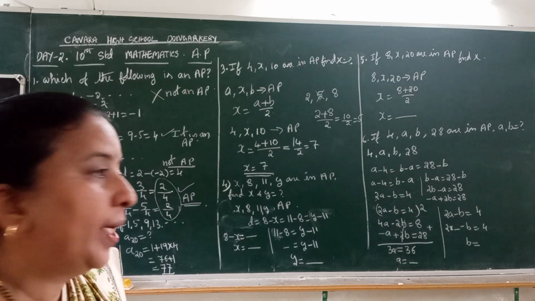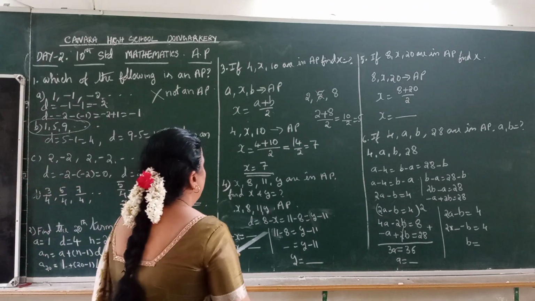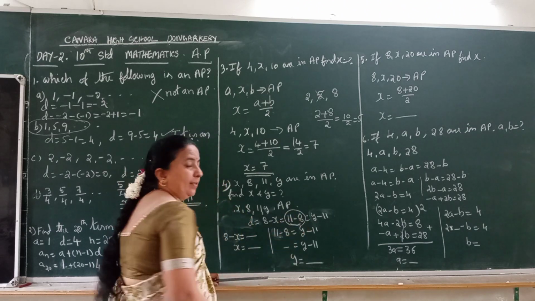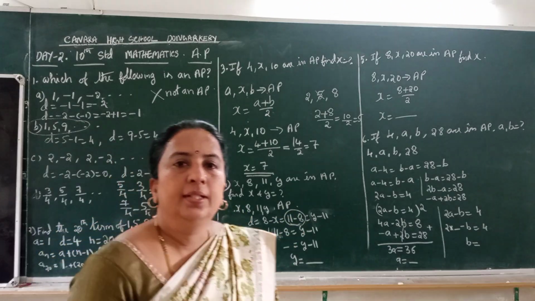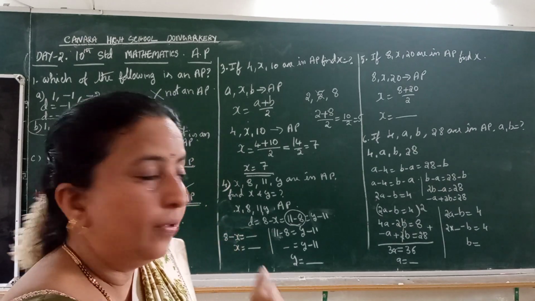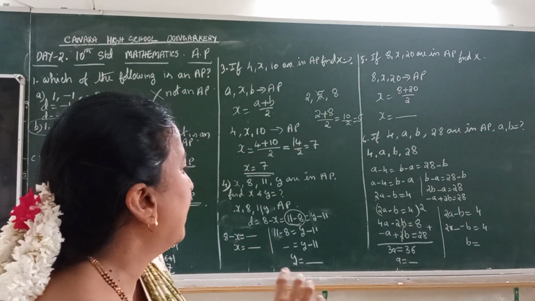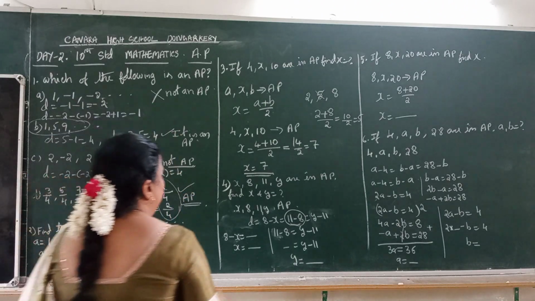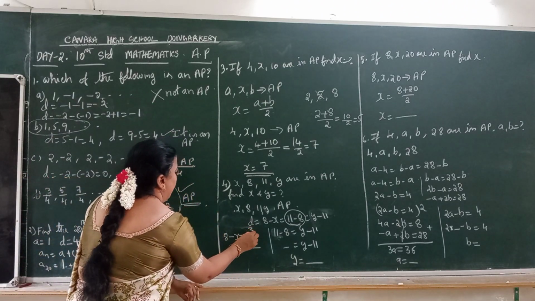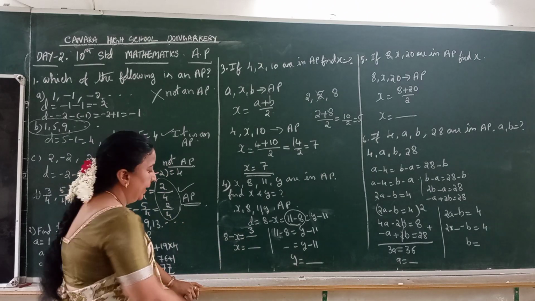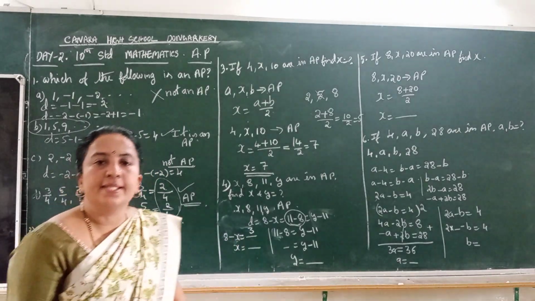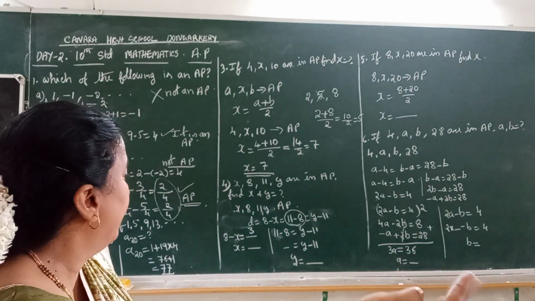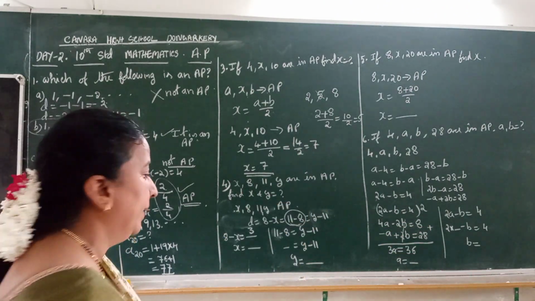Let us take 2 together. Here 11 minus 8 is how much? 3. Therefore, 8 minus x is also 3. y minus 11 is also 3. Then, since x has negative sign, shift x to right hand side, bring 3 to left hand side.